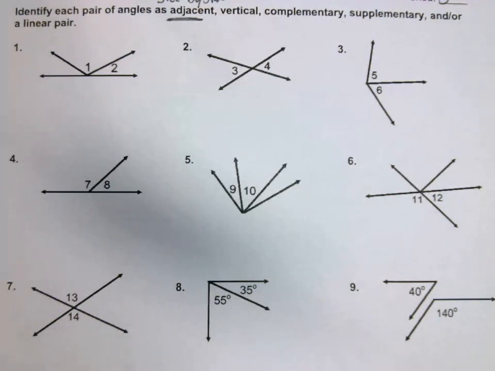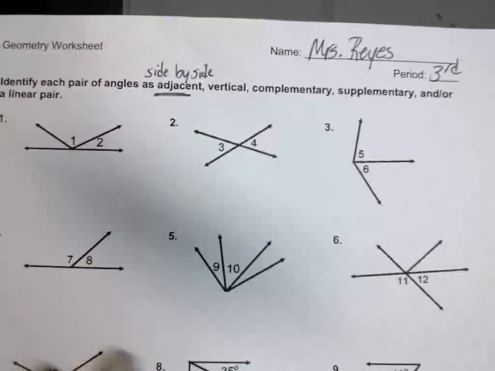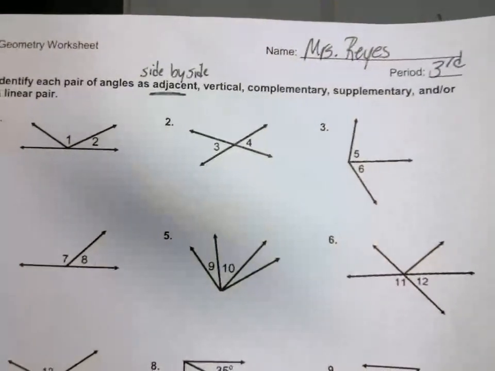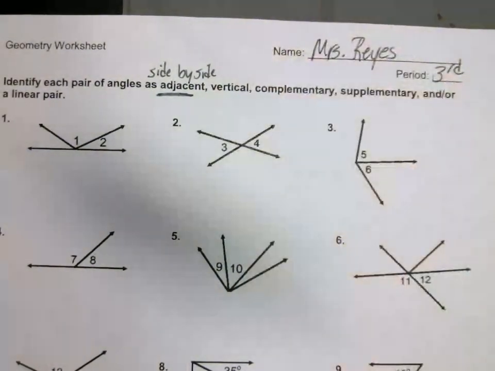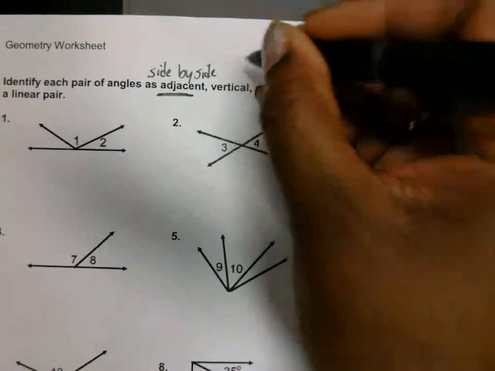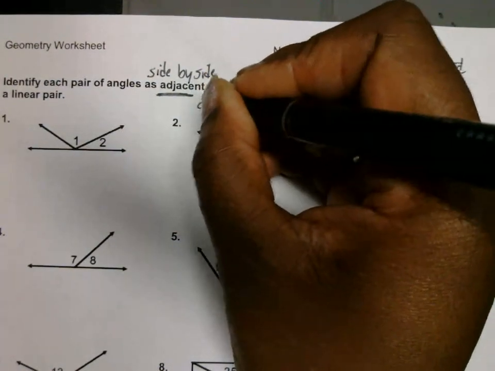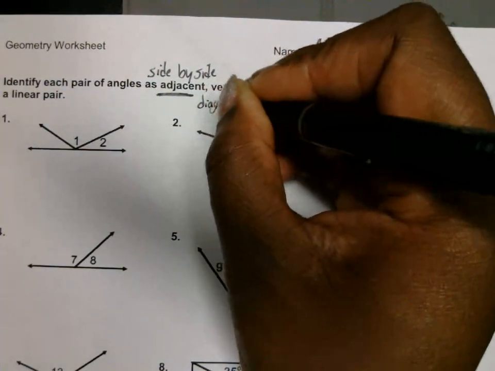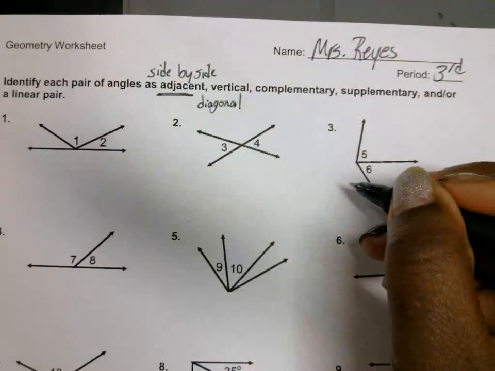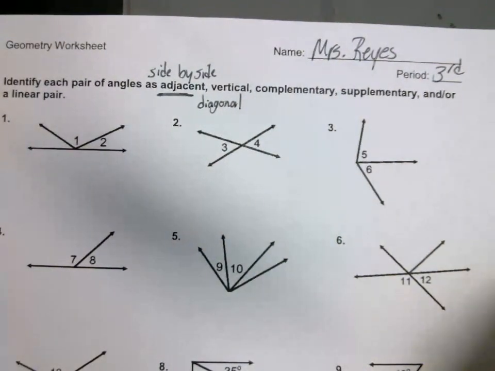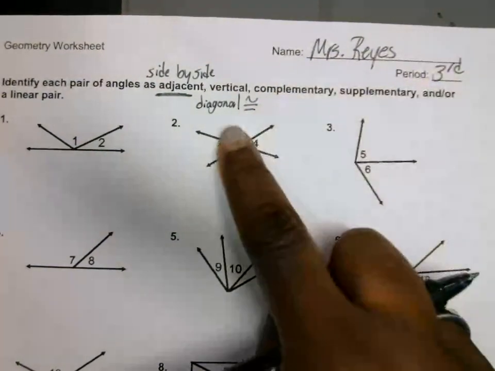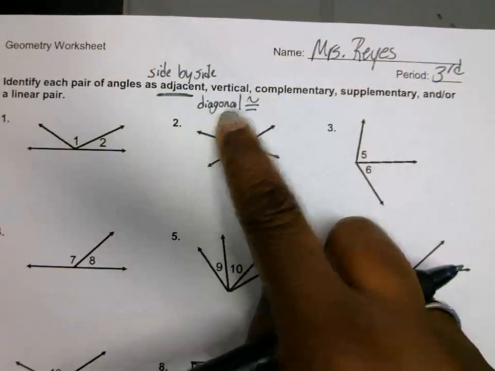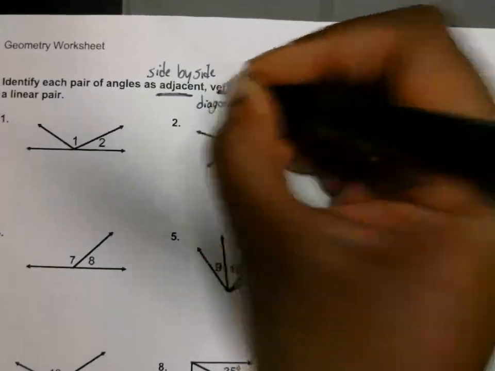All right, next one is vertical. Vertical angles are angles that are diagonal from each other and they are congruent. They're diagonal from each other. These angles are congruent. I'm going to put the congruent symbol. They're diagonal and they're congruent. That's vertical.